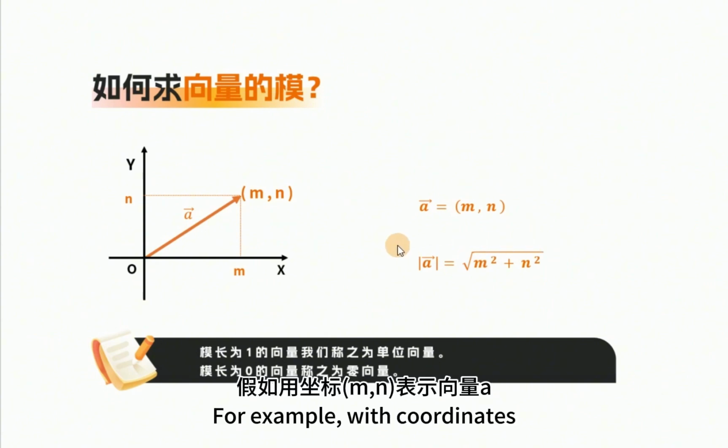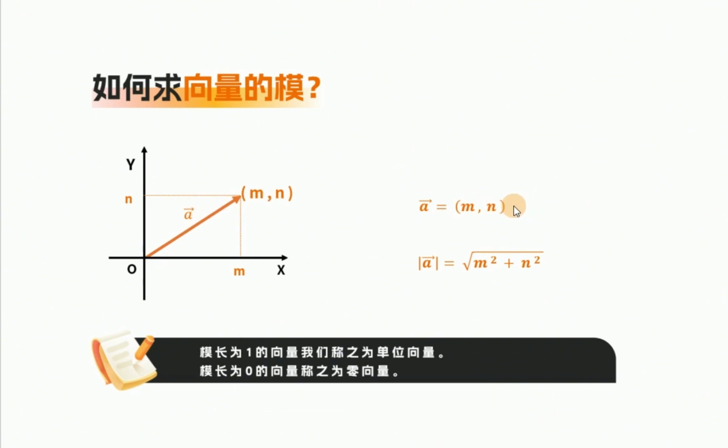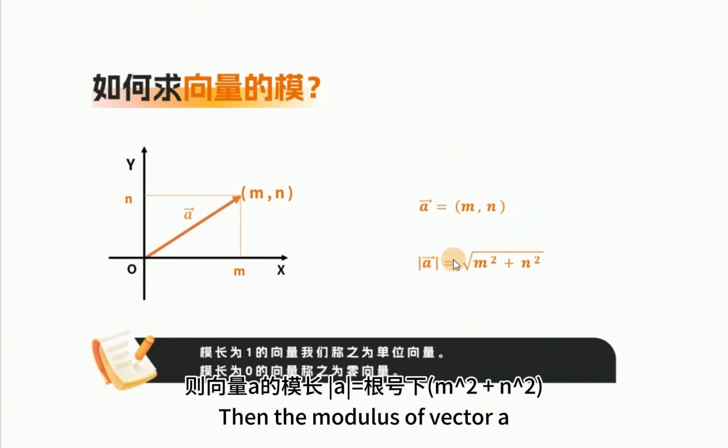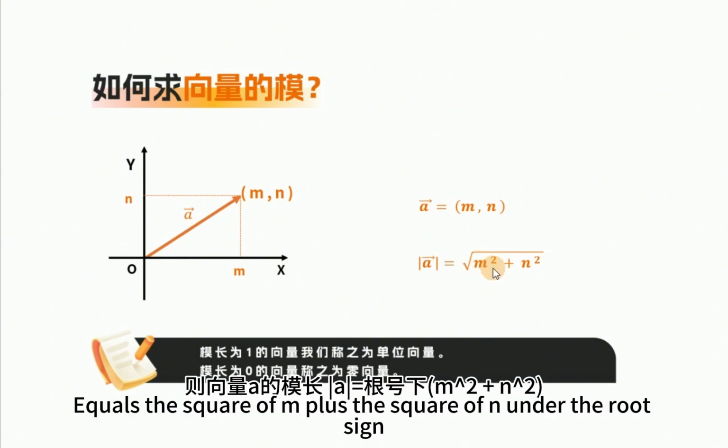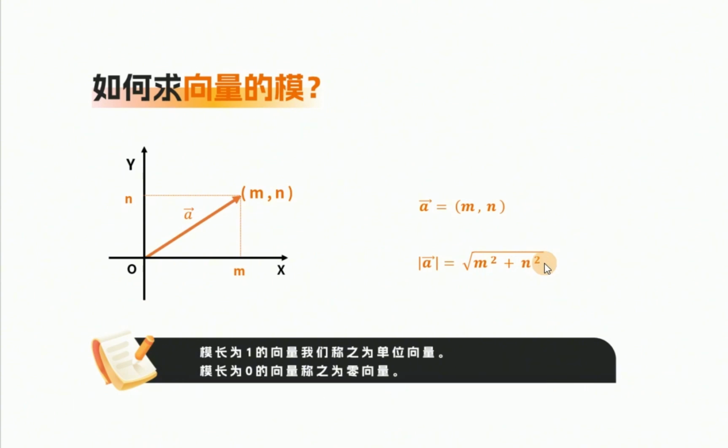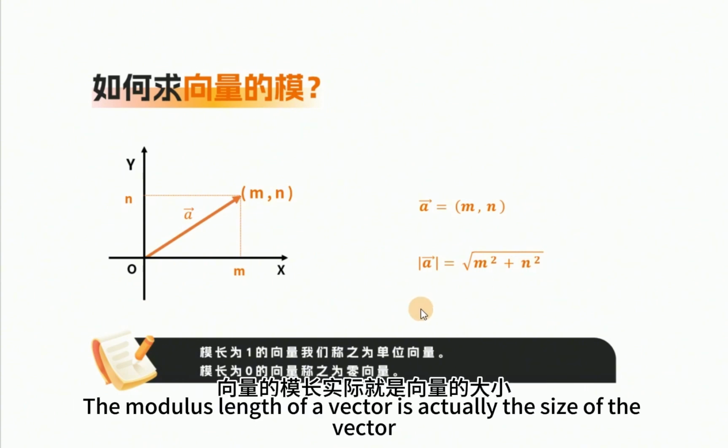For example, with coordinates (m, n) representing the vector A, the modulus of vector A equals the square root of m squared plus n squared. The modulus length of a vector is actually the size of the vector.